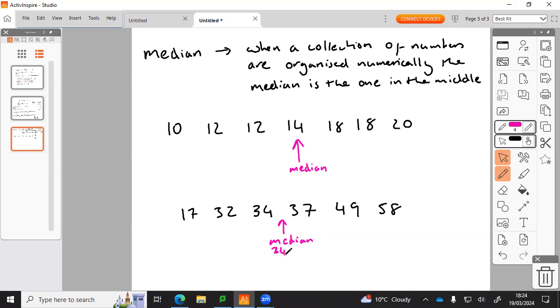So 34 plus 37 equals 71, and that would be divided by 2 to get 35.5. The median would still split this row of numbers in half, but it would fit between these 2 numbers. So you would take one number plus the other one to find it in there.